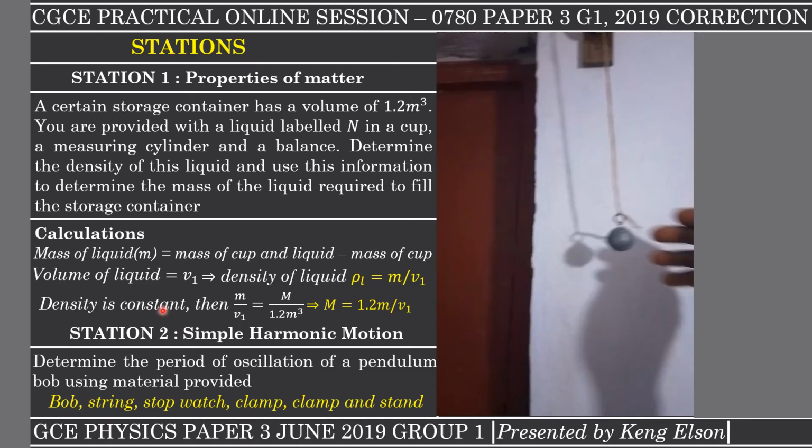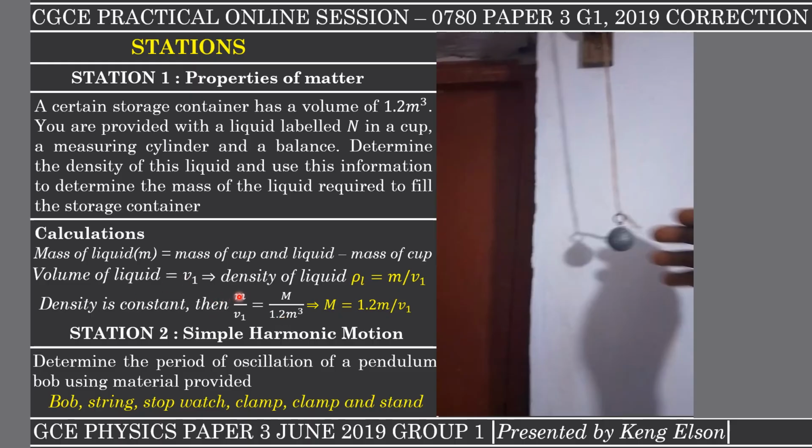The density of the liquid is unique. Okay, you are asked to do two things. You are asked to find the density of the liquid, and then you now determine the mass of the liquid required to fill a certain storage container, and this storage container has a volume of 1.2 meter cube. So the density of the liquid is constant, which means that since density is mass over volume, the first mass over the first volume is the same as the second mass over the second volume.